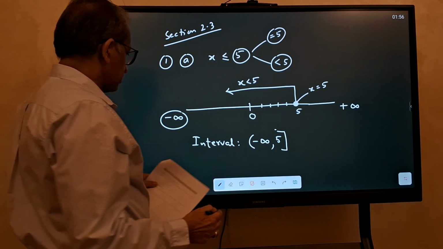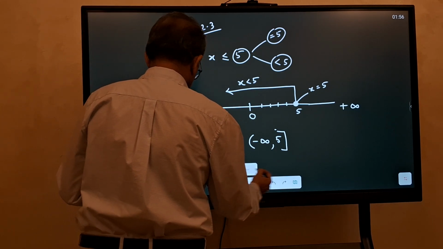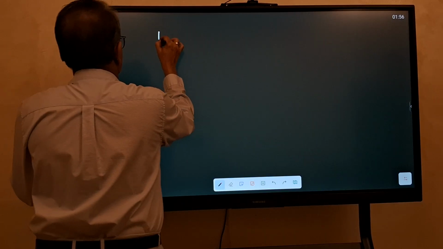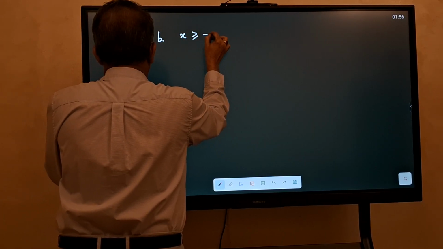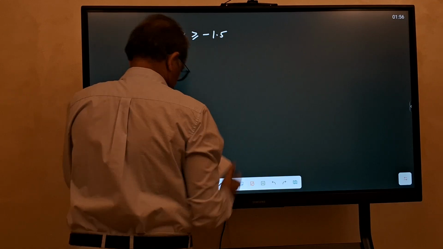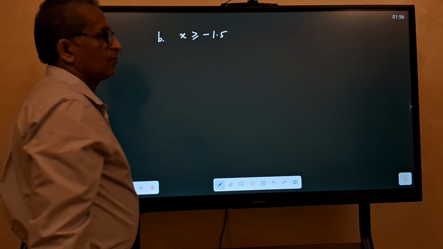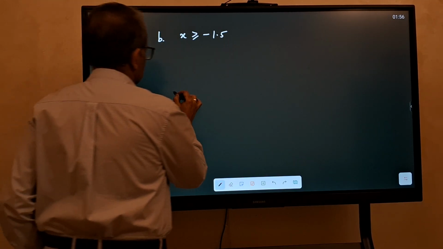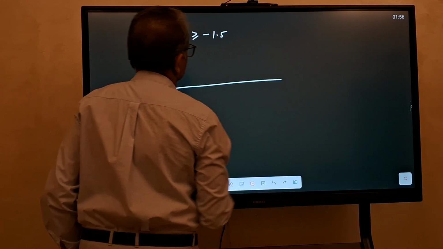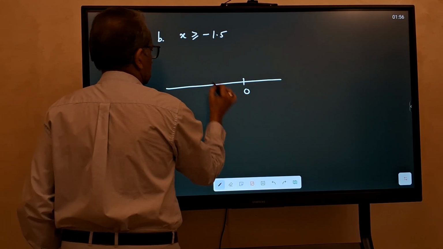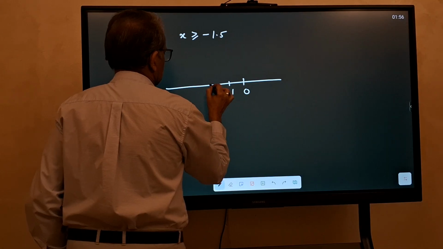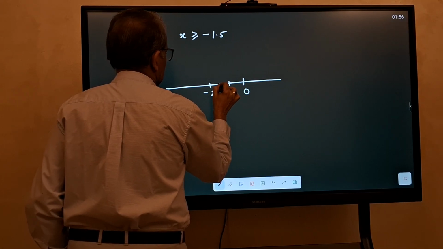Let's take another example, b. x is greater than or equal to minus 1.5. On the number line, we have 0, minus 1, minus 2.